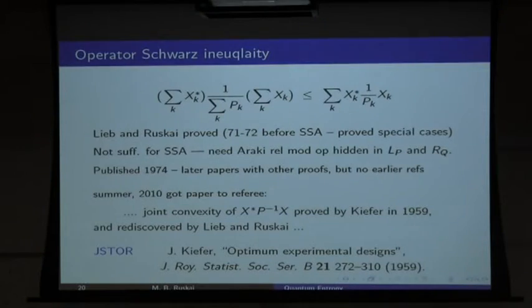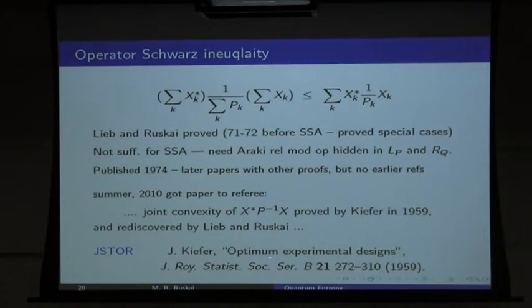And till in the summer of 2010, I was sent a paper to referee, and I started reading the introduction to this paper, and lo and behold, it said that the joint convexity of X star P inverse was proved by Kiefer in 1959 and rediscovered by Lieb and Ruskai.